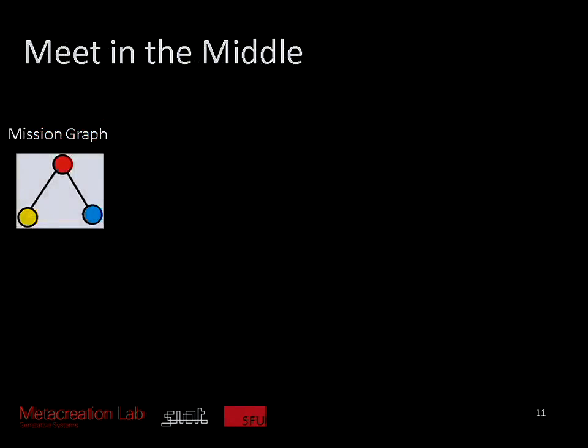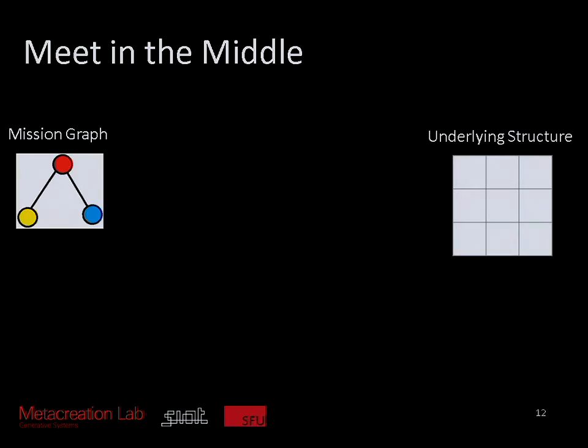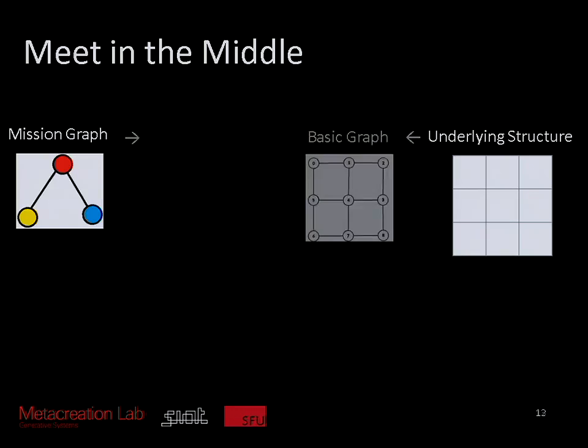Let me give an example here. So we have this very simple mission graph, just three tasks that the player is expected to accomplish. We'll have an underlying structure. In this case, it's a 3 by 3 grid. It could be any other thing. I'll give examples of what you can put in that slot. Through the underlying structure, we extract a graph, we call it the basic graph, that describes the adjacency between the cells in the structure.